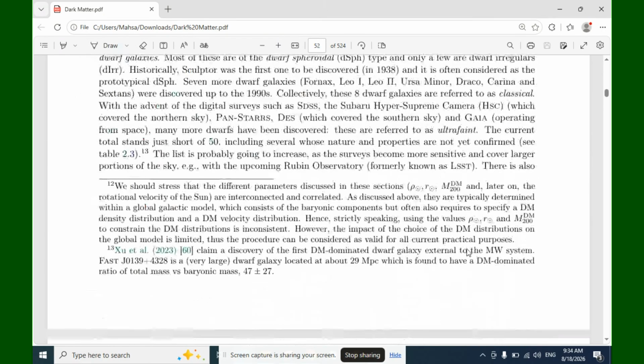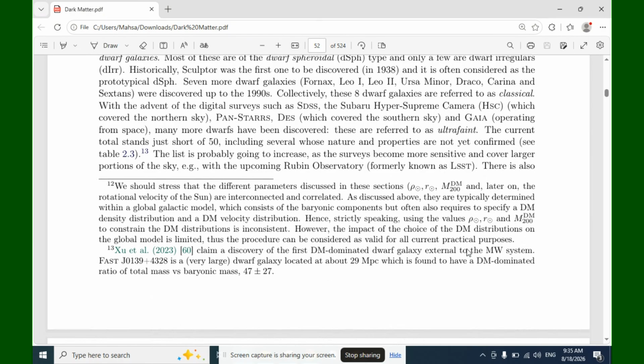So there is a footnote here, footnote 12. We should stress that the different parameters discussed in these sections, rho, r, and M200, which are density, radius, and mass, and later on the rotational velocity of the sun, are interconnected and correlated. As discussed above, they are typically determined within a global galactic model, which consists of the baryonic components, but often also requires specifying the dark matter density distribution and the dark matter velocity distribution.